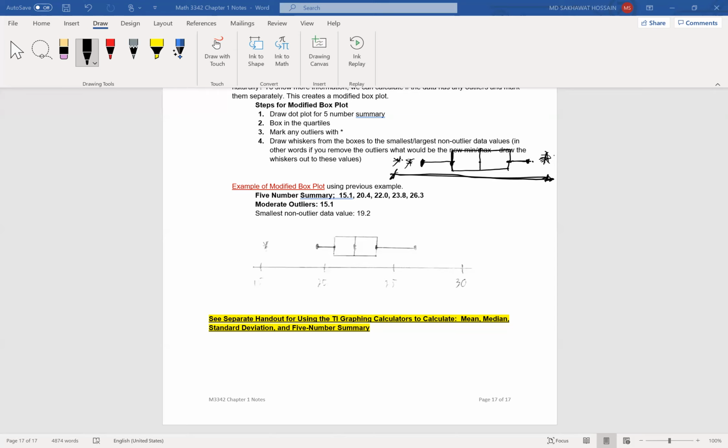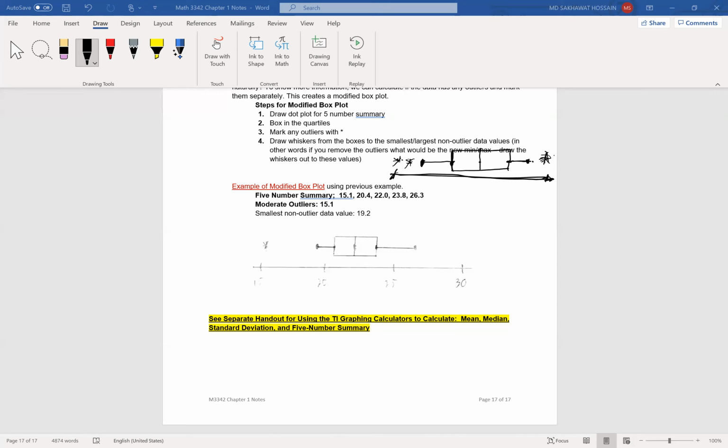Part D is described in terms of V and M: the event that the selected student has a Visa but not a MasterCard. The student has a Visa card and doesn't have a MasterCard. That means V intersection M complement. So we need to find the probability of V intersection M complement.